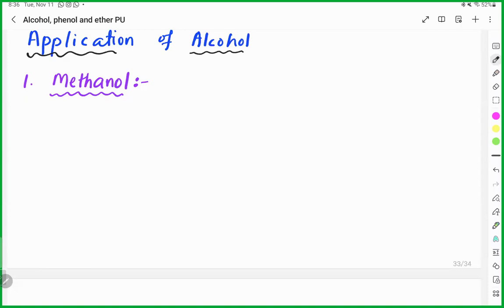Methanol is more of a theoretical part, to be honest. What should be the formula of methanol? CH3OH. What is another name of methanol? Methyl alcohol, the common name. What is another common name we use?